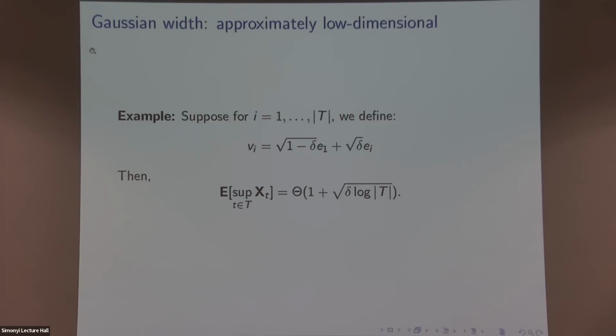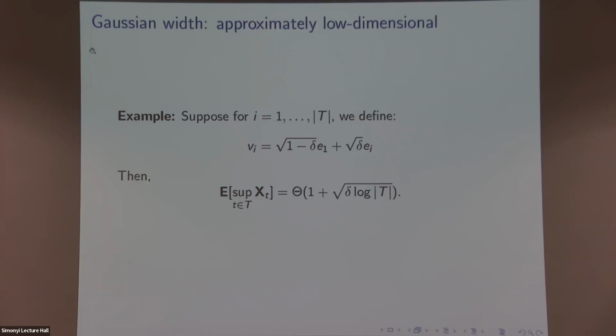Then the expected sup is of the order of a constant plus square root of delta log t. So what this says is that if t becomes really large, bigger than basically 2 to the 1 over delta, then the expected sup will start getting dominated by the fluctuations. But as long as t is relatively small, it will be dominated by this big constant term. Okay, so this gives three examples of how dimension or approximate dimensionality could affect the expected sup.